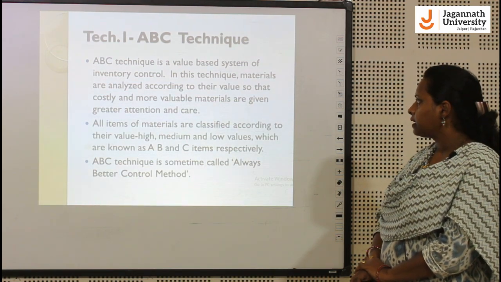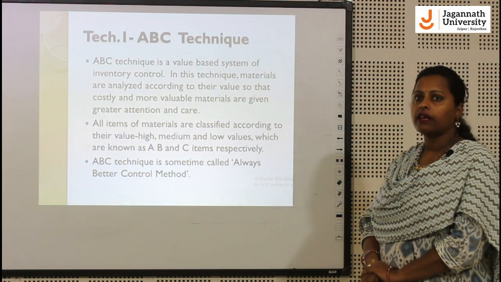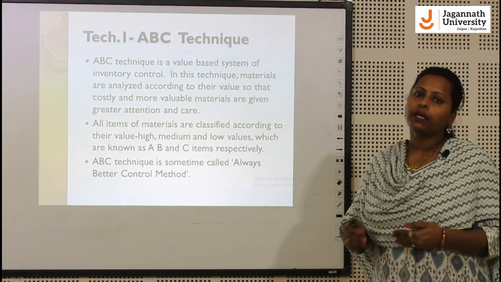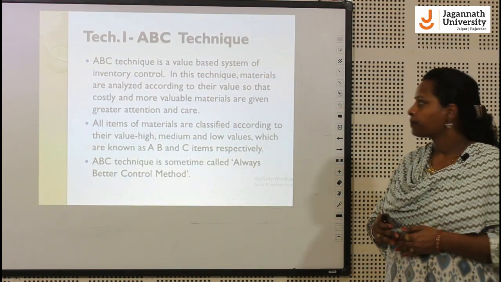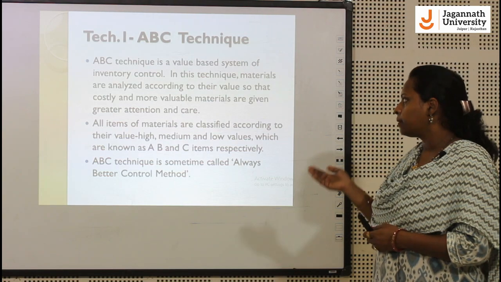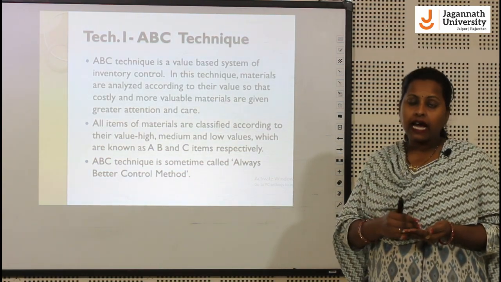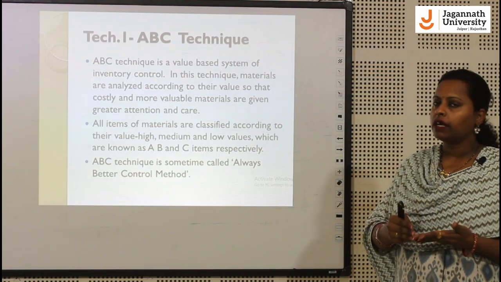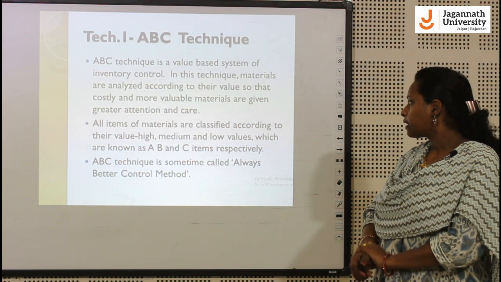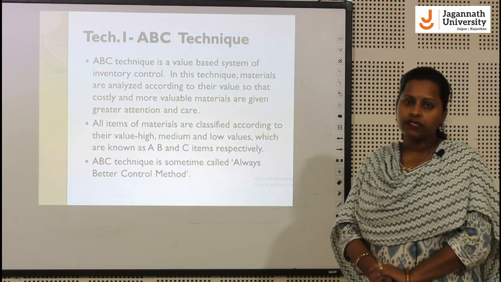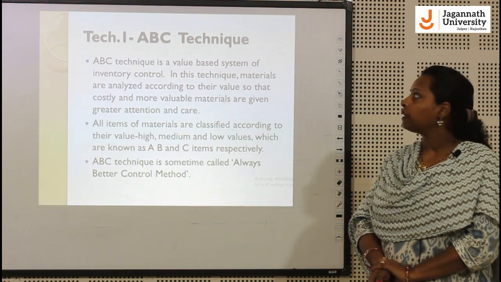All items of materials are classified according to their value. They are divided into three parts: high value, medium value and low value, which are also known as ABC items respectively. We will give the highest value to A, medium value to B, and the lowest value to C. The ABC technique is sometimes known as the always better control method.